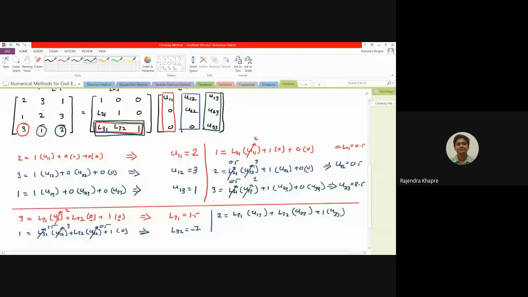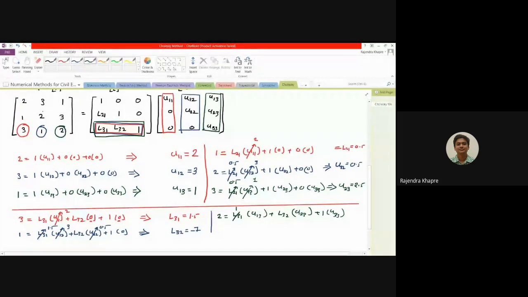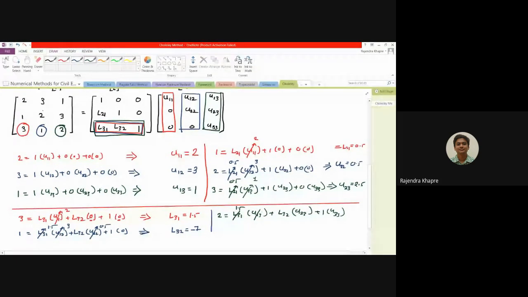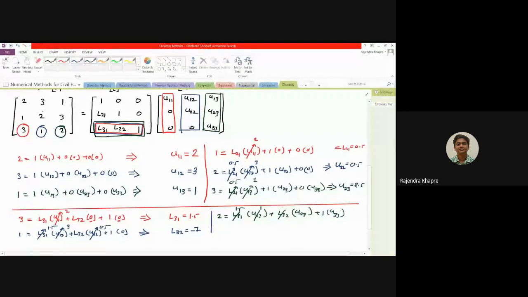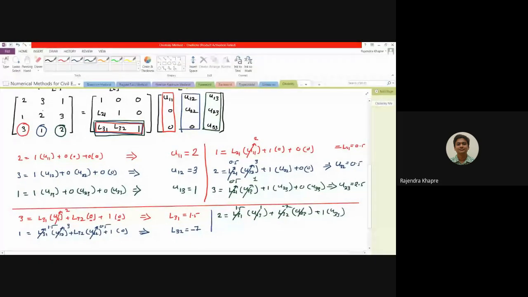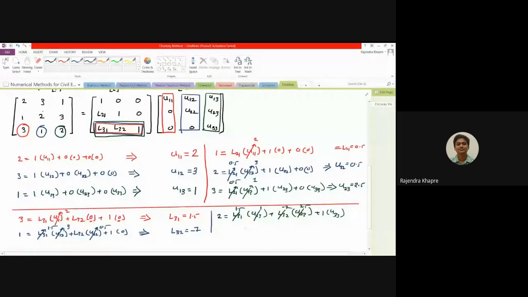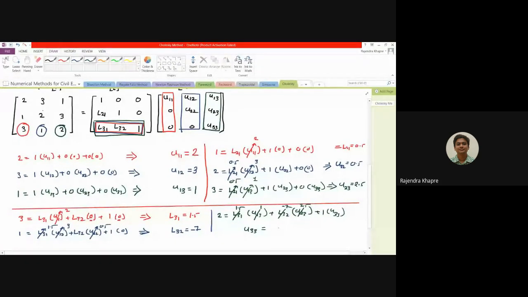We already know the value of L31 now. L31 is 1.5, U13 is 1, L32 is minus 7, U23 is 2.5. So this is going to give us the value of U33 as. बताओ.